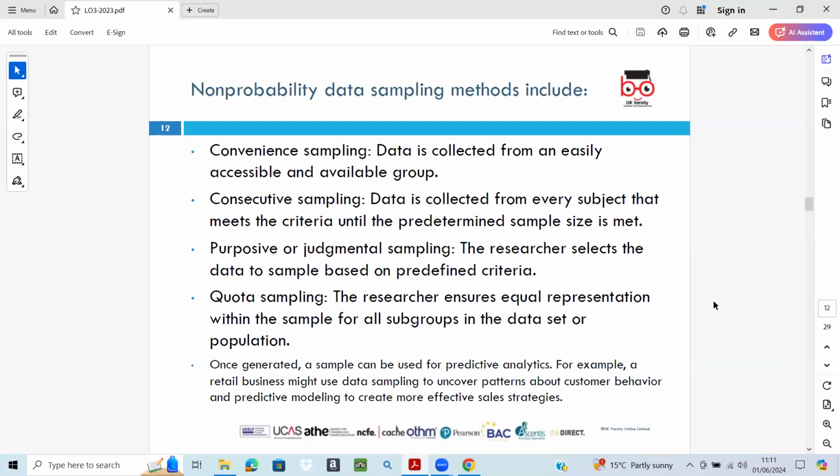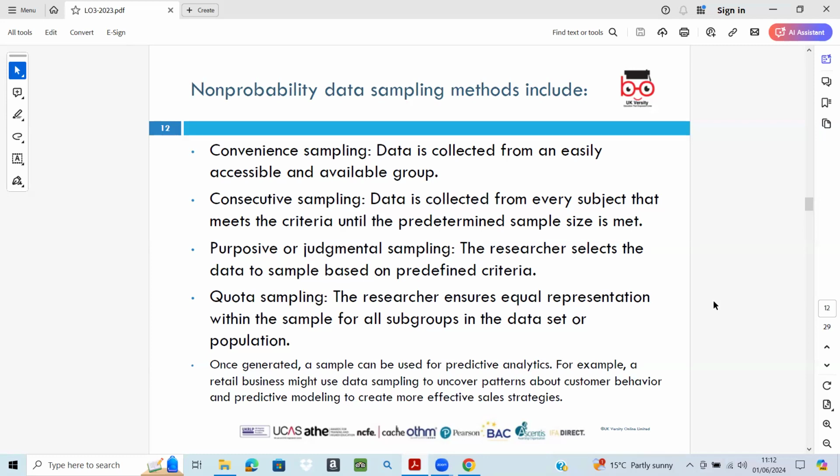Then we have purposive or judgmental sampling. Researchers use their judgment to select data points that best represent a specific characteristic or quality of interest.